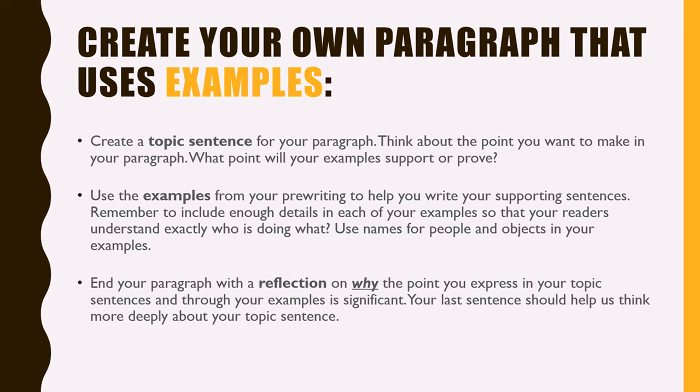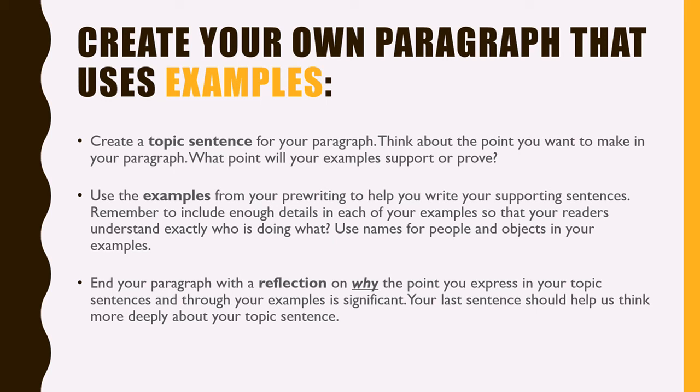Once you have your topic sentence, then choose as many examples from your pre-writing that you want to use in your paragraph to help us understand that topic sentence in a compelling way. So use your examples from your pre-writing to help you write your supporting sentences, and remember to include enough detail in each of your examples so that your readers understand exactly who is doing what in each example.